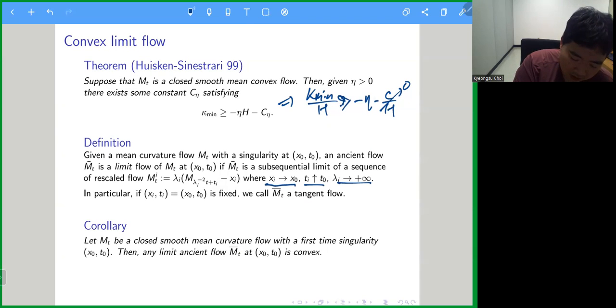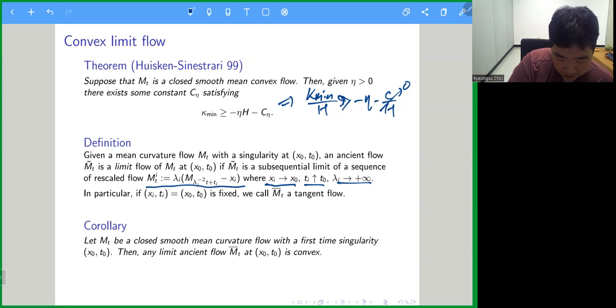Then we define these dilated mean curvature flows. This flow is just obtained by dilation of the mean curvature flow around the singularity, so space-time diverges to infinity after shifting the singularity to the space-time origin.